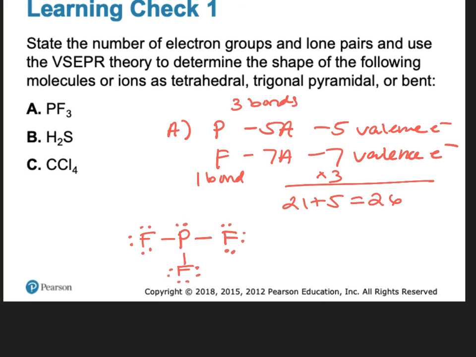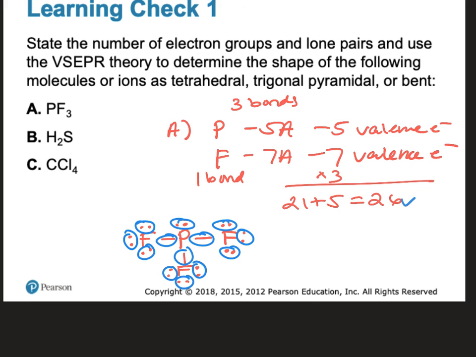And let's count. We have 2, 4, 6, 8, 10, 12, 14, 16, 18, 20, 22, 24, 26. So we've got our valence electrons.